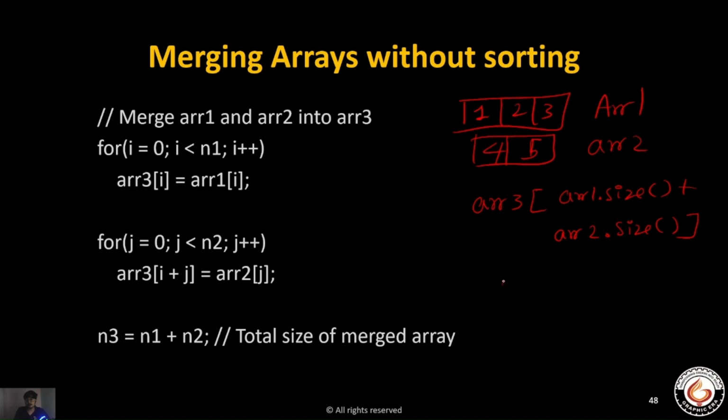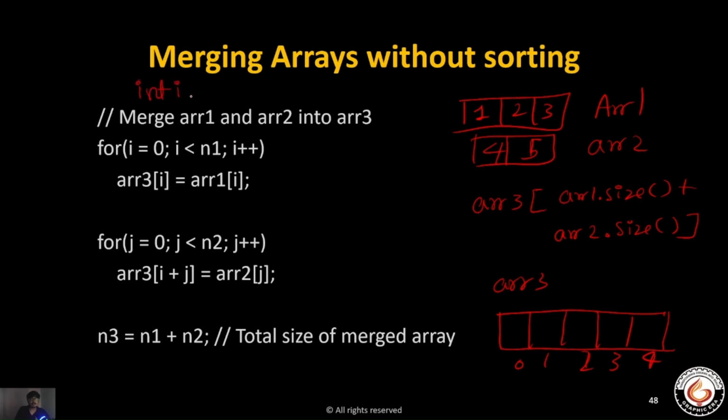Now arr3 will look like this: indices 0 1 2 3 and 4. Here we will initialize int i and j, and here n1 is 3 and n2 is 2. That is the size of array 1 and the size of array 2.